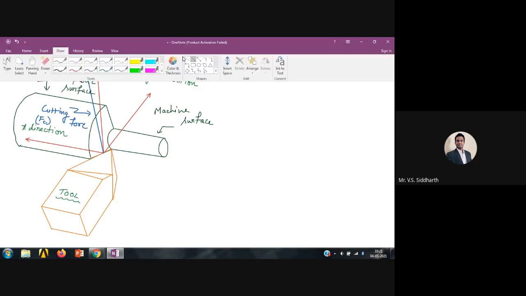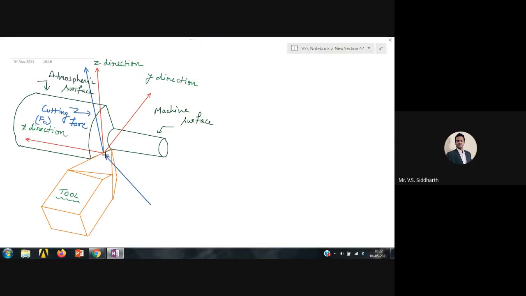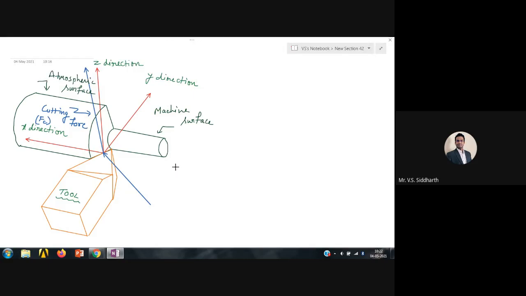So one more force is the contact force. This is the contact force. There will be two components of this contact force. One will be the component along x direction.